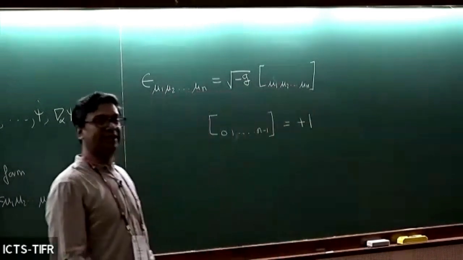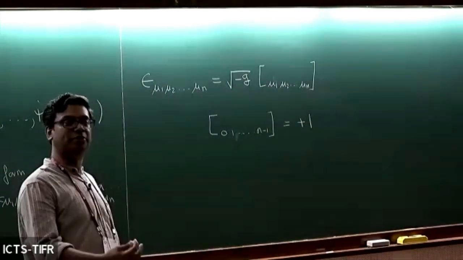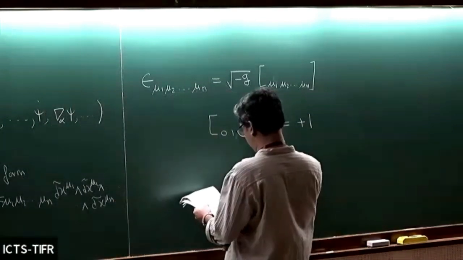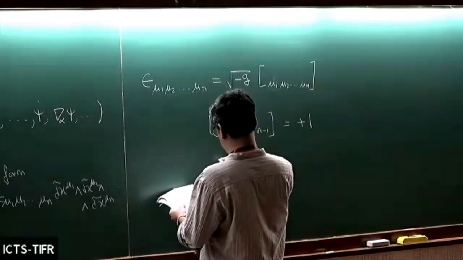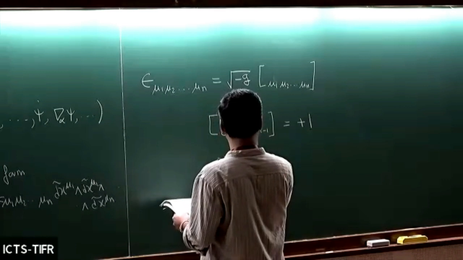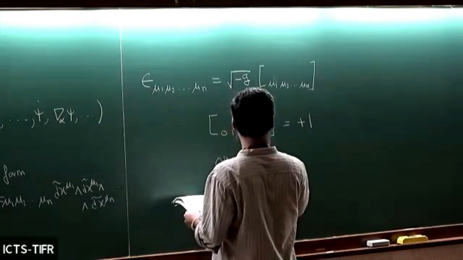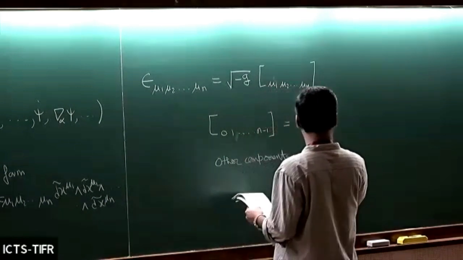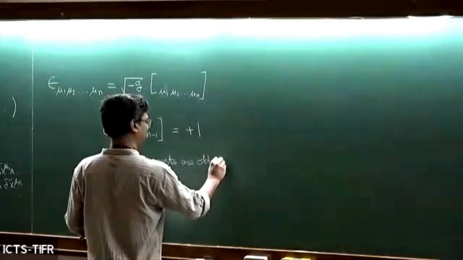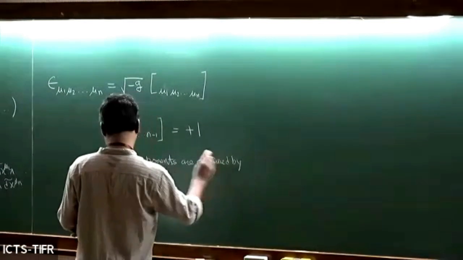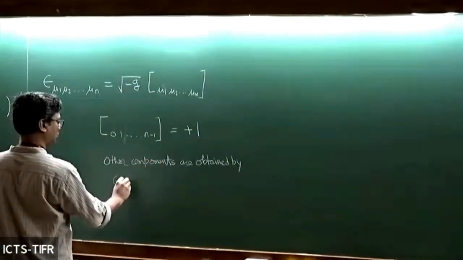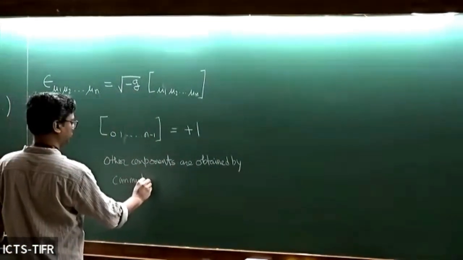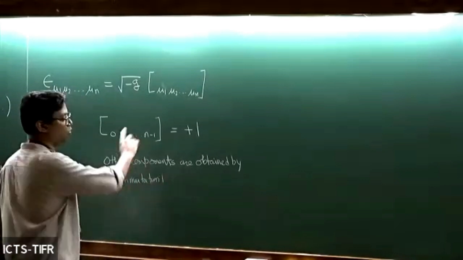And the rest of the values are obtained by permutation, that is, by the action of the permutation group.